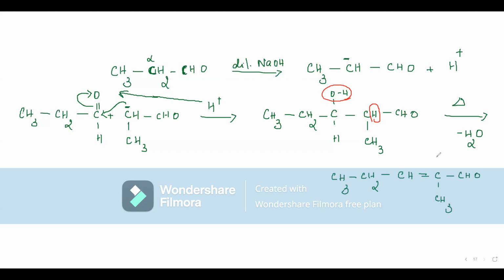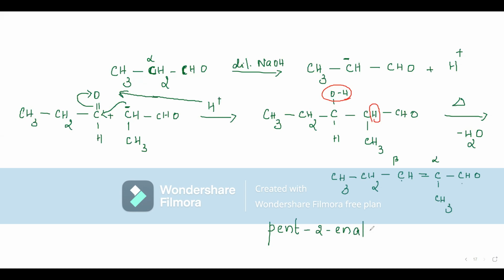This is also an alpha beta unsaturated aldehyde. While naming it the IUPAC way, 1, 2, 3, 4, 5. 5 carbons are there, so pent. There is a double bond between the 2 and 3 position. 2-ene, the last letter E is removed so as to add the aldehyde, in and al.